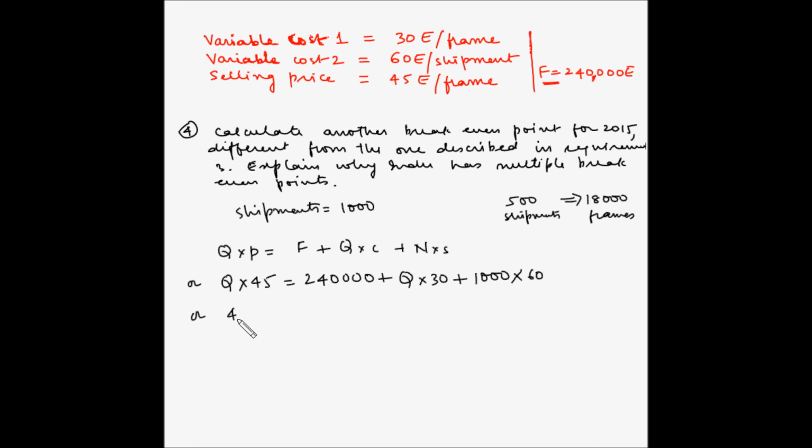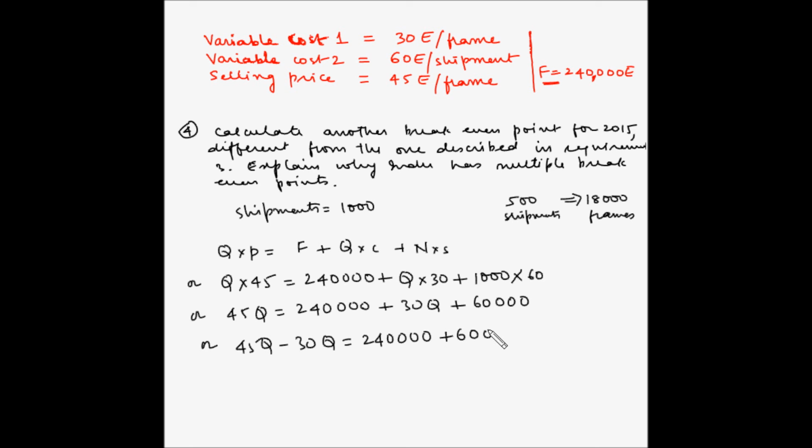So 45Q is equal to 240,000 plus 30Q plus 60 multiplied by 1000 is 60,000, or let's bring the terms with Q on one side. So 45Q minus 30Q is equal to 240,000 plus 60,000, or 45 minus 30 is 15.